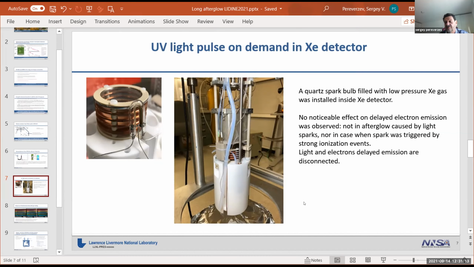But we do observe strong delayed luminescence, and again, the first impression is that delayed luminescence and delayed electron production after strong events are not correlated. We tried to produce sparks after strong events and do not observe an effect on delayed electron production.